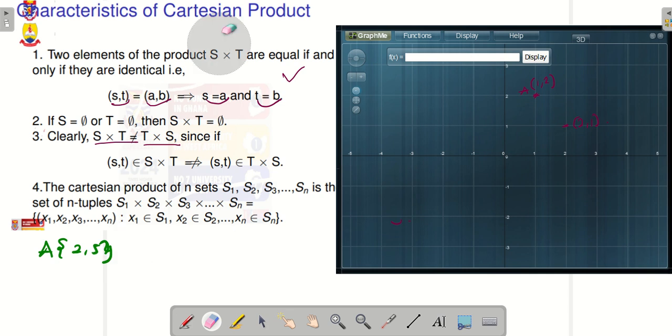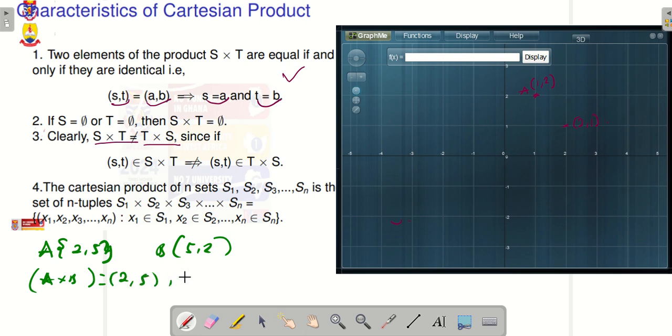Let's say you have (2, 5), and you also have (5, 2). Let's say B is {5, 2}, and you want to plot this. We can have A cross B to be equal to (2, 5).